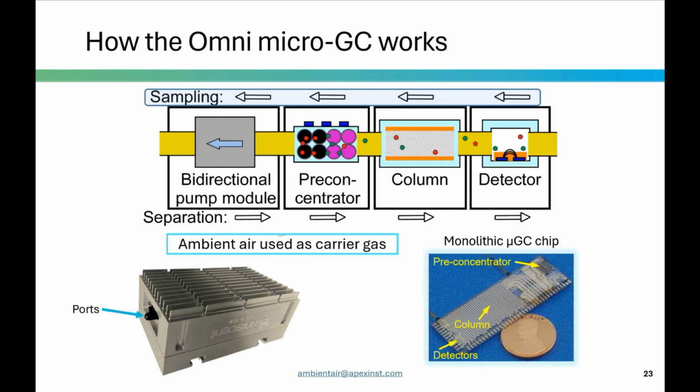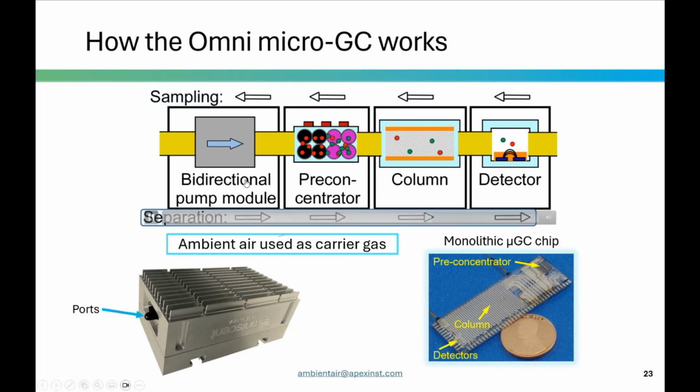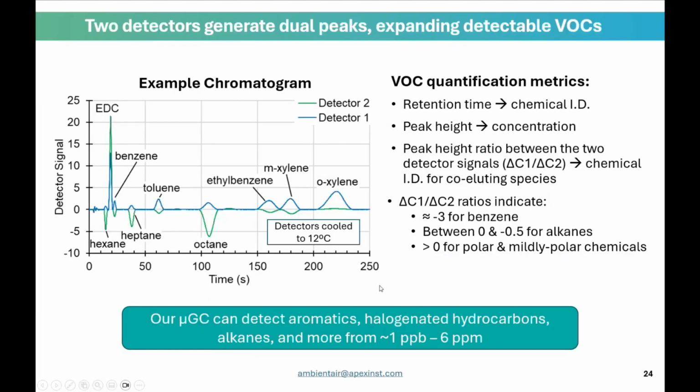After the allocated sampling time, we heat the pre-concentration material, we reverse the flow of the pump, and the analyte's separated across the column and analyzed by the detector.